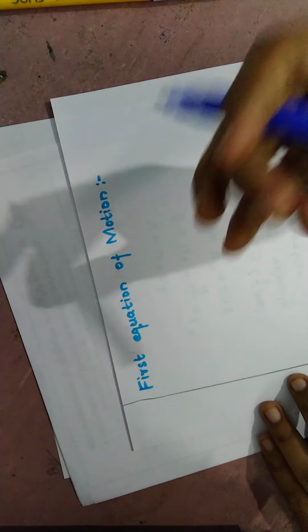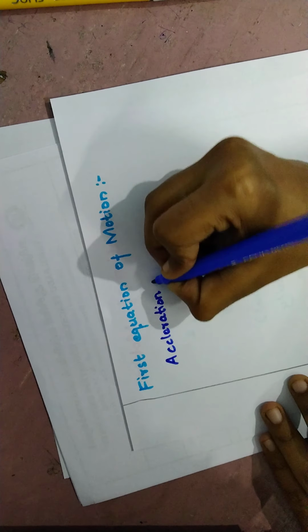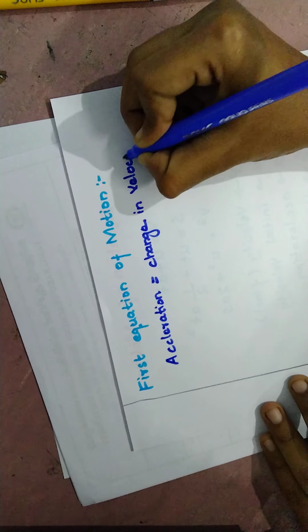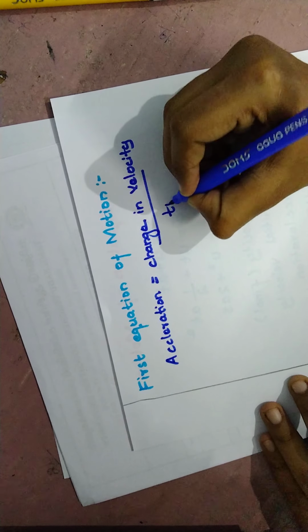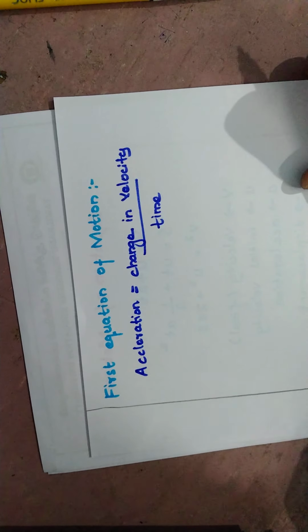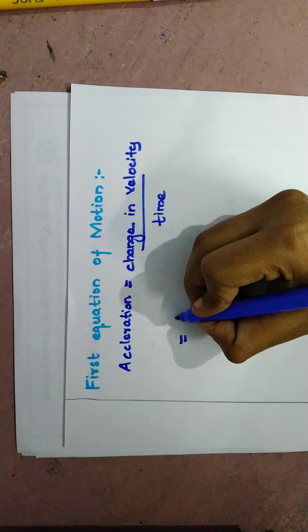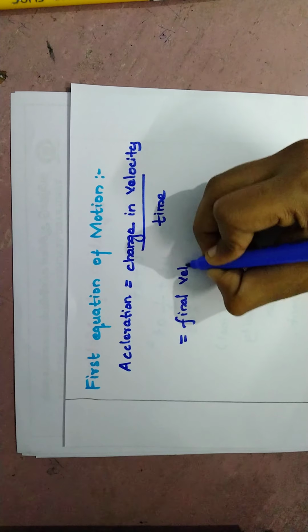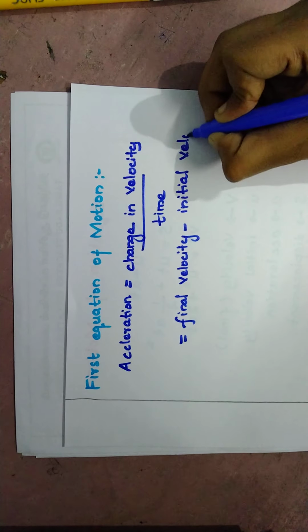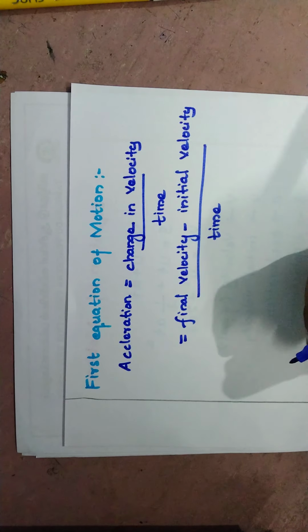Let's see the formula: acceleration is equal to change in velocity divided by time. We can say that the change in velocity is final velocity minus initial velocity, divided by time.